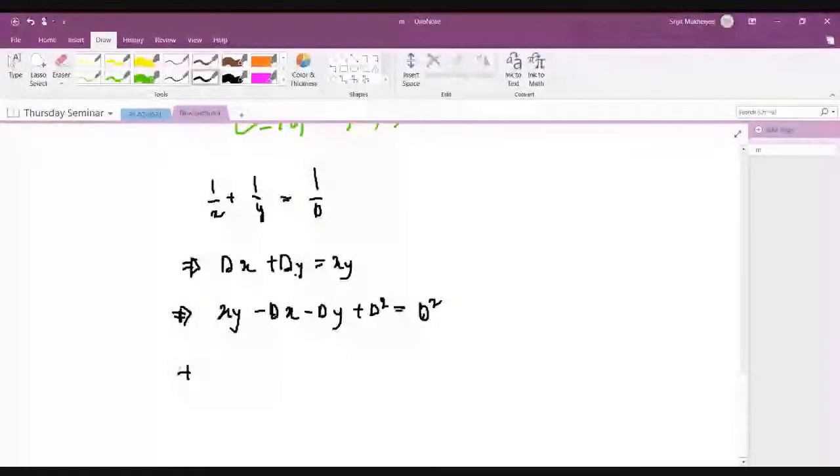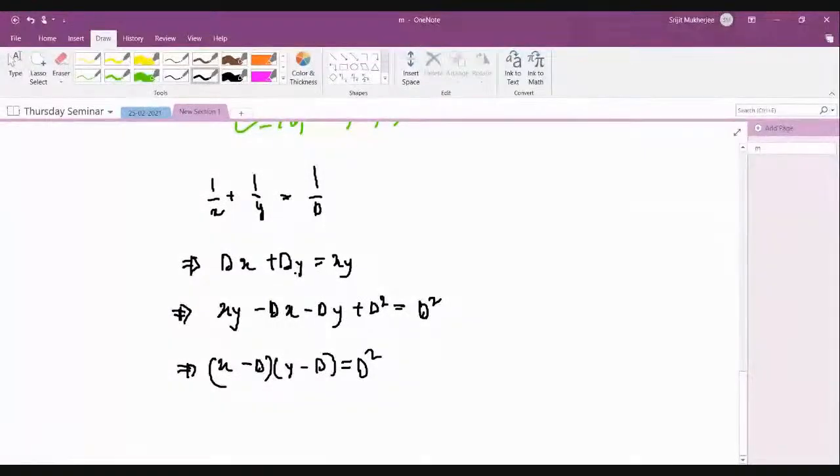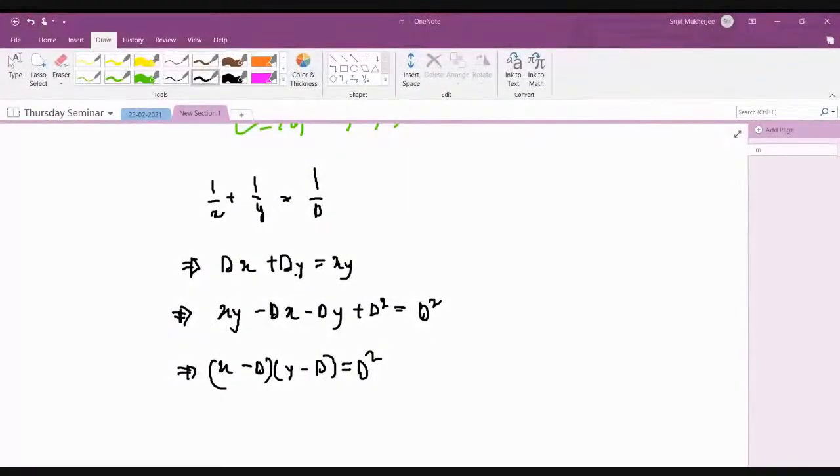And therefore we get that (x minus d) times (y minus d) is equal to d squared.